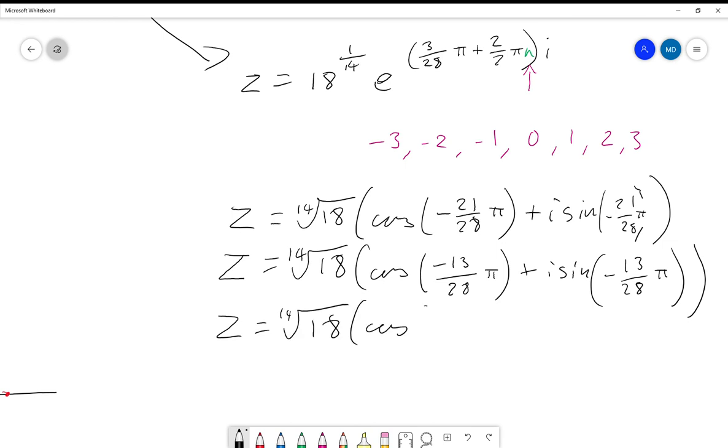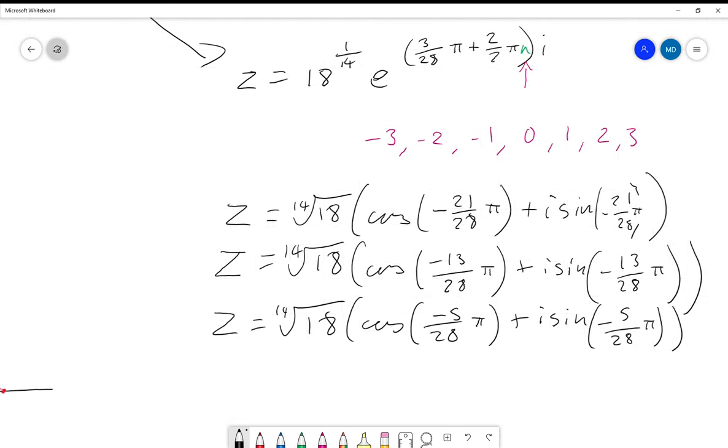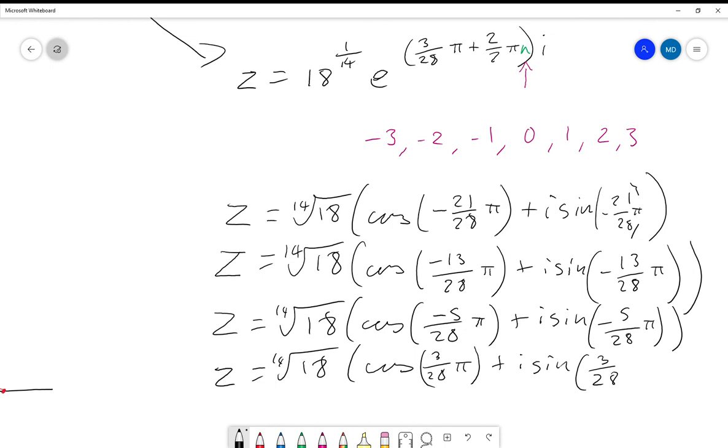We're going to get cosine of -5 over 28 pi plus i sine of -5 over 28 pi. Plugging in 0, we're going to get z equals 14th root of 18 multiplied by cosine of 3 over 28 pi plus i sine of 3 over 28 pi.